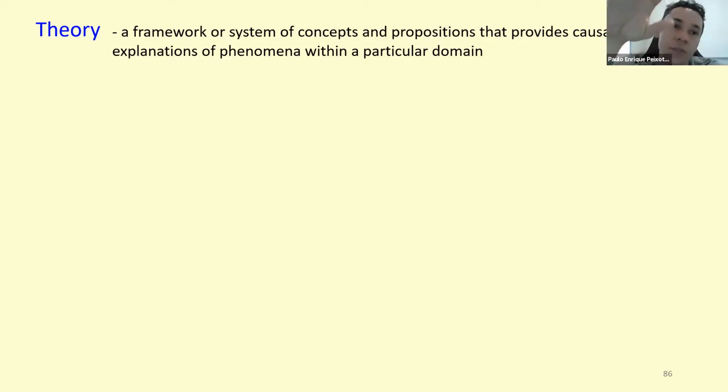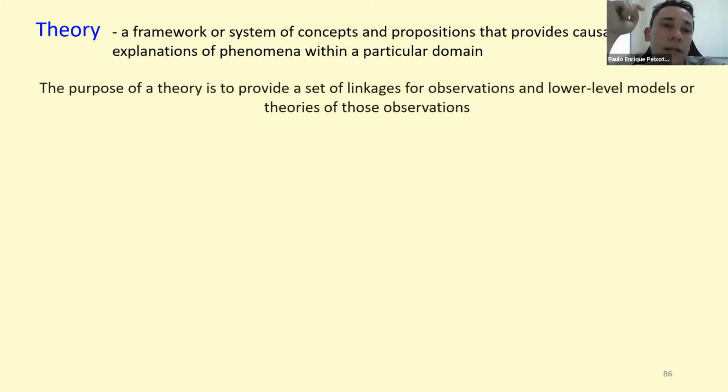I also find some discussions about the purpose of the theory. And I found this one that I like a lot, in which the authors stated that the purpose of a theory is to provide a set of linkages for observations in lower level models or theory of those observations. So a theory is basically something that is much more general than the hypothesis.